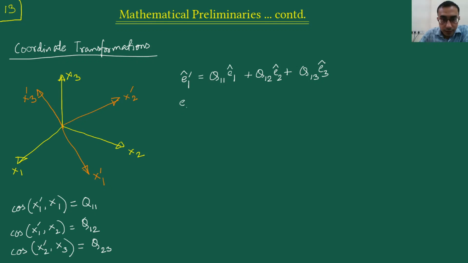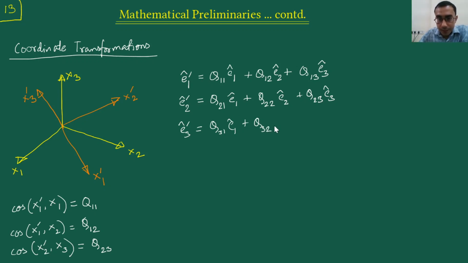In a similar fashion, the E2 hat dash will be q21 E1 hat plus q22 E2 hat plus q23 E3 hat, and finally the E3 hat dash will be q31 E1 hat plus q32 E2 hat plus q33 E3 hat.